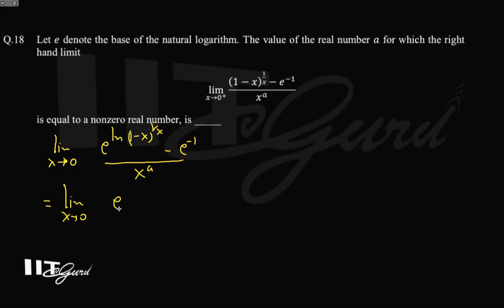And then we write e to the power, log of m to the power n, so 1 by x will come downwards. This is log of 1 minus x to the base e, you can think over here, and that is x undoubtedly, and that is minus e power minus 1. Later on you just take out common e power minus 1, better that is. So x to the power a.